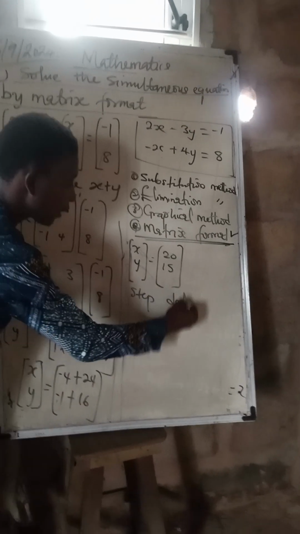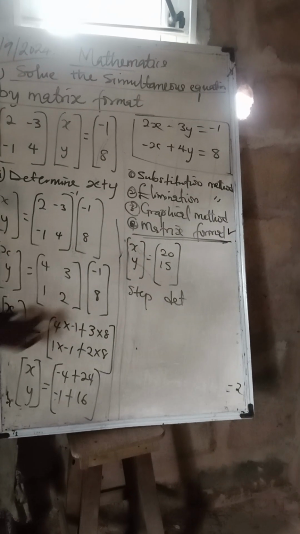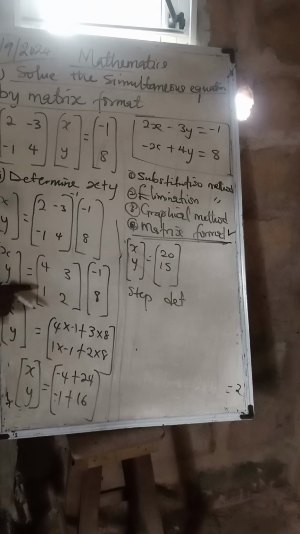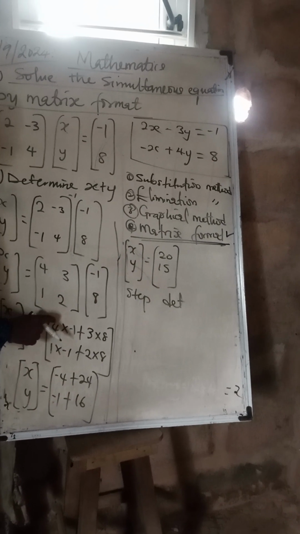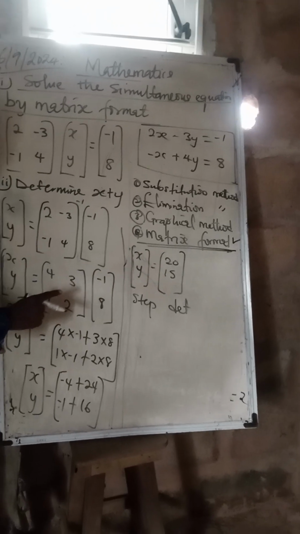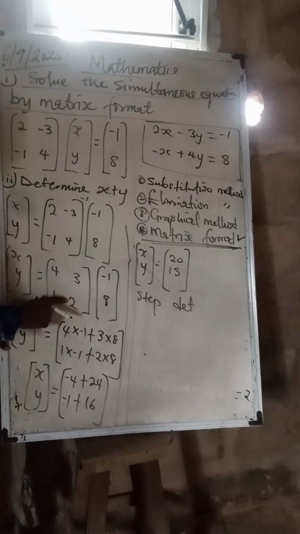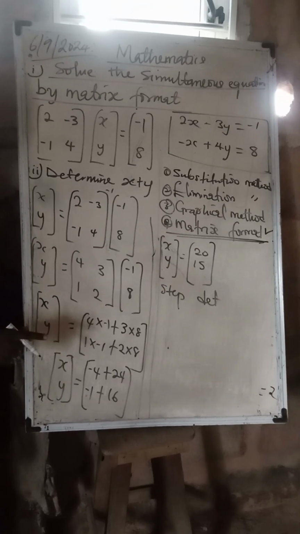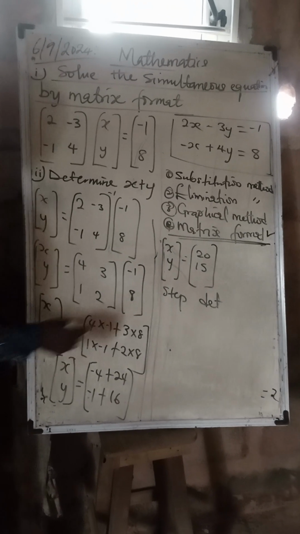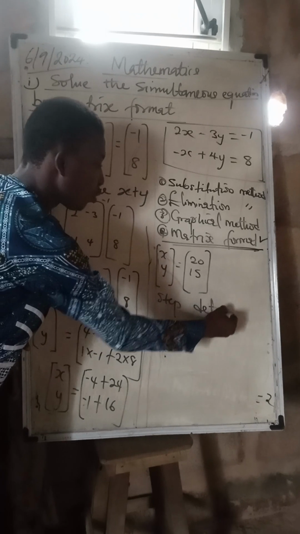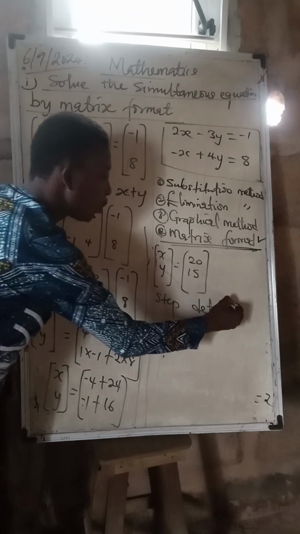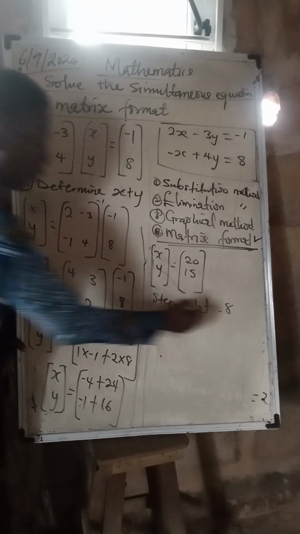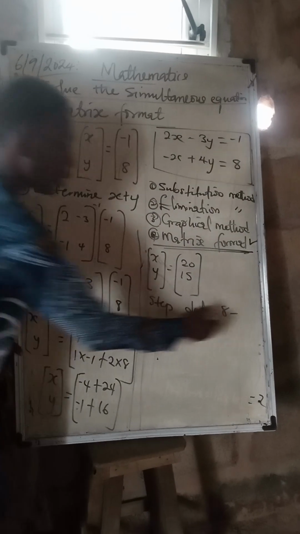The next step is determinant. Determinant of our given matrix. Our determinant, remember, is simply our diagonal multiplied, subtracting the other diagonal, which is 4 times 2, which is 8, minus 3 times 1, which is 3.